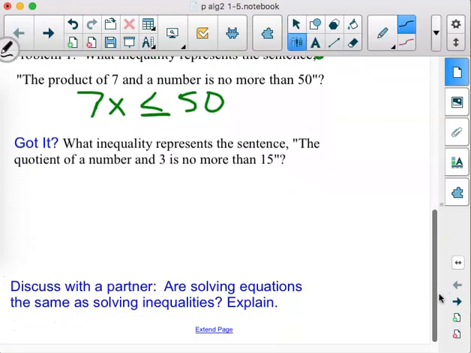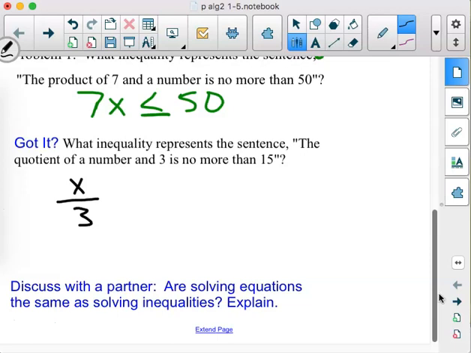This one says, what inequality represents the sentence? The quotient of a number and 3 is no more than 15. What does quotient mean? It is division. Quotient of a number, well, I don't know what that number is, I better use x, and 3 is no more than 15.